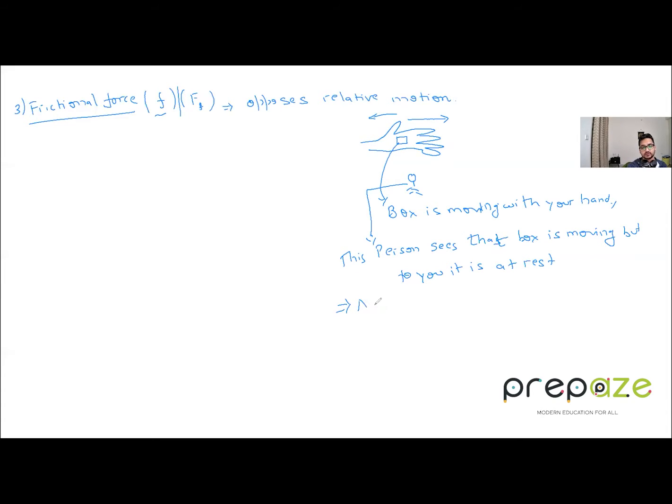So, it implies no friction acts on the box. Friction only acts when there is a relative motion between the two bodies.